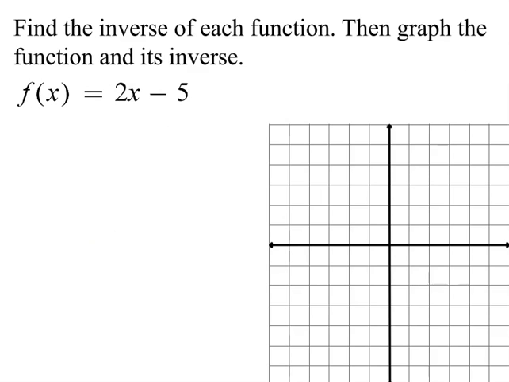Now this next statement says find the inverse of each function, then graph the function and its inverse. We've got some steps we're going to follow. If you want to write this down, you're going to do the same steps every time. So, f of x equals 2x minus 5. We're going to find the inverse.